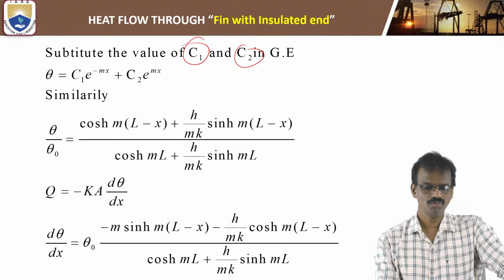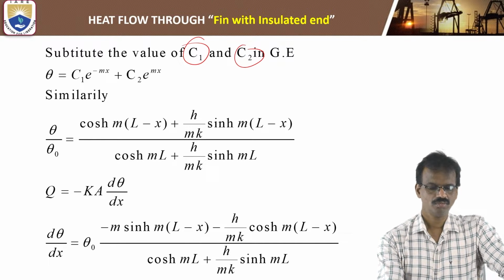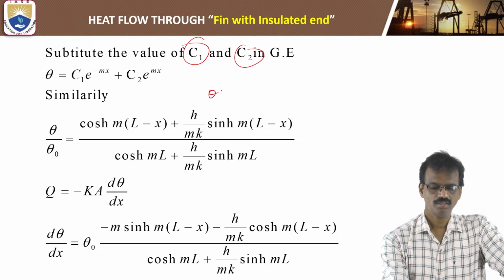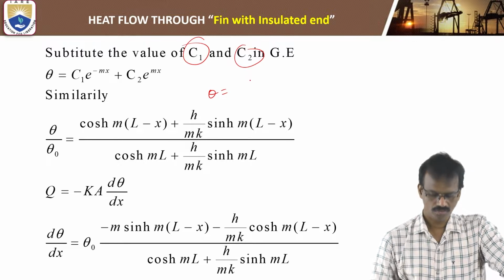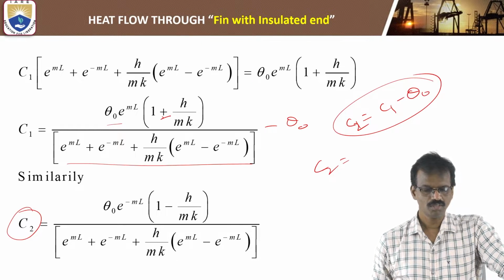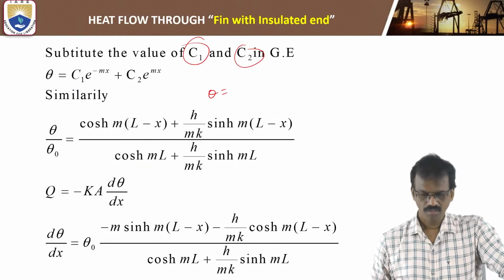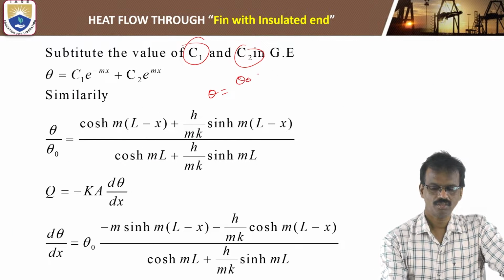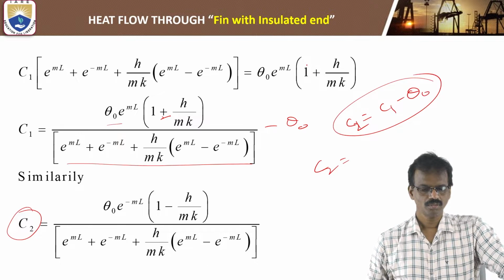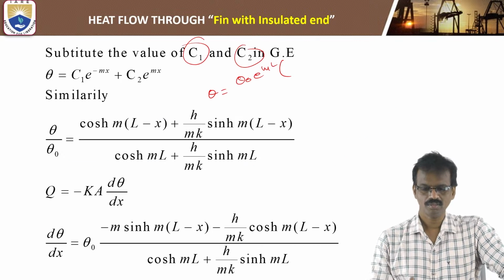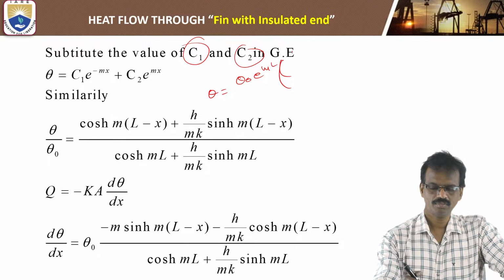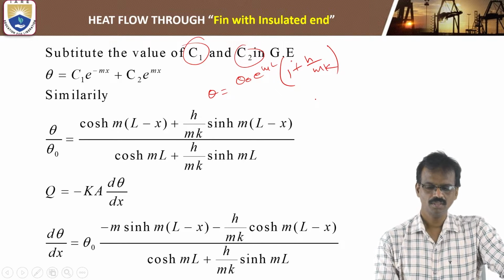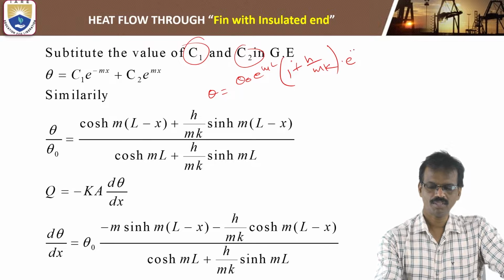So substitute the values: C1 is equal to theta naught e to the power of ml into 1 plus h by mk, into e to the power of minus mx.